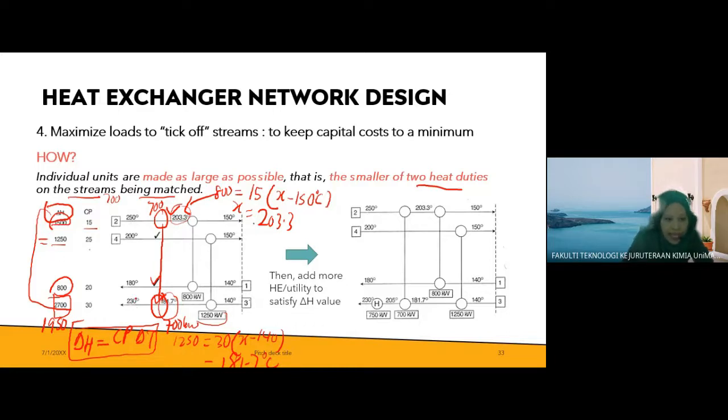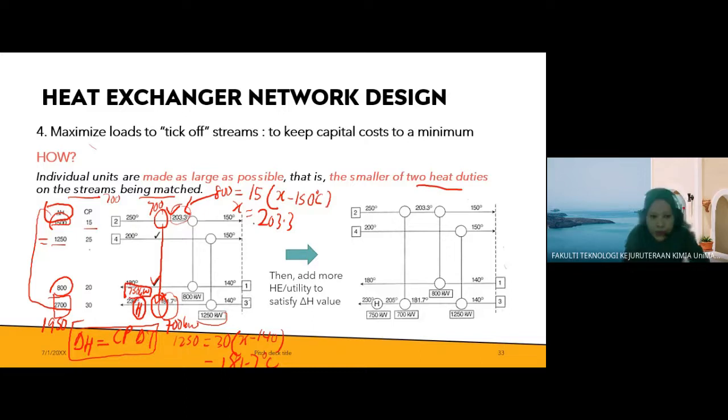But then all the streams already fulfill the delta H value. So just add the heater here. Add the heater and then subtract from the total heat. So 2,700 minus 700 minus 1250, you get 750 kilowatts. Right.